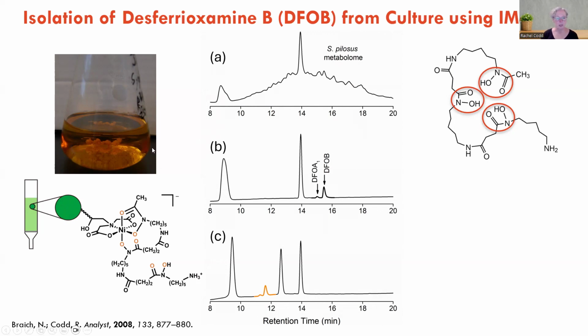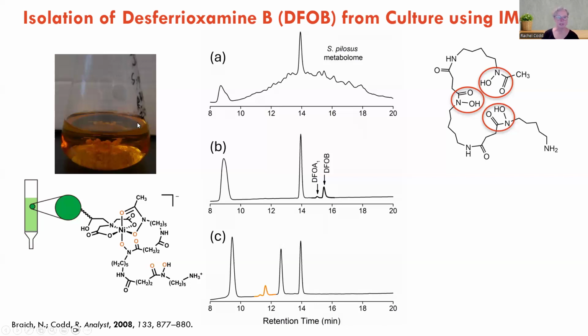On the left, I've shown a culture of a bacterium known as Streptomyces pilosus, and this is the bacterium that produces desferrioxamine B as its native siderophore. And this particular bacterial strain, a super producer, is used by industrial companies that ferment large-scale production of this bacterium to produce desferrioxamine B for clinical use.